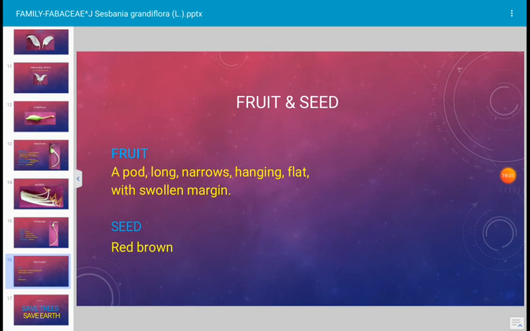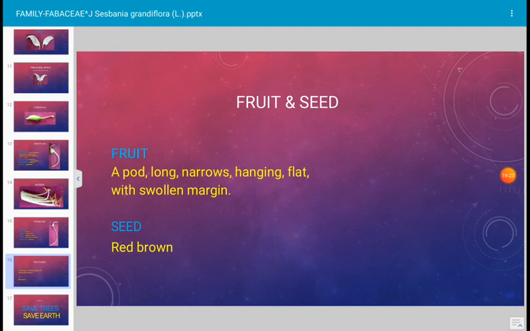Such structures occur in the fruit of Sesbania grandiflora. The presence of a pod and marginal placentation are specific and distinct characteristic features of family Fabaceae, and Sesbania grandiflora is an example of Fabaceae or Papilionaceae.